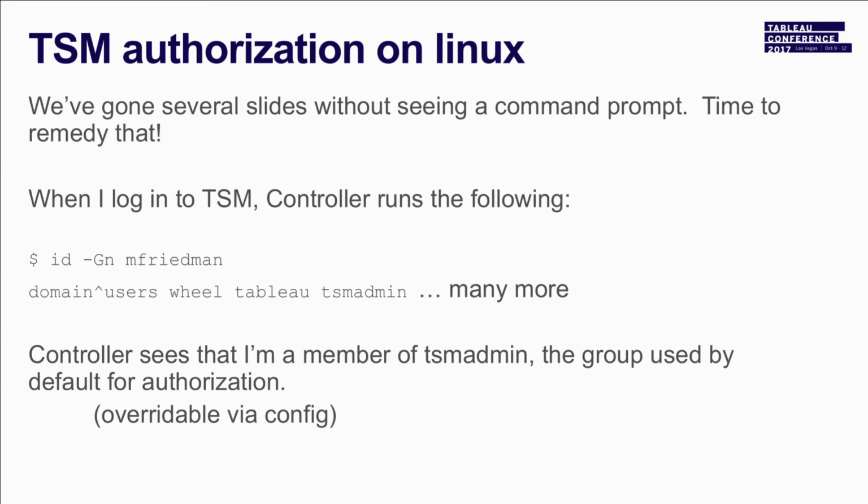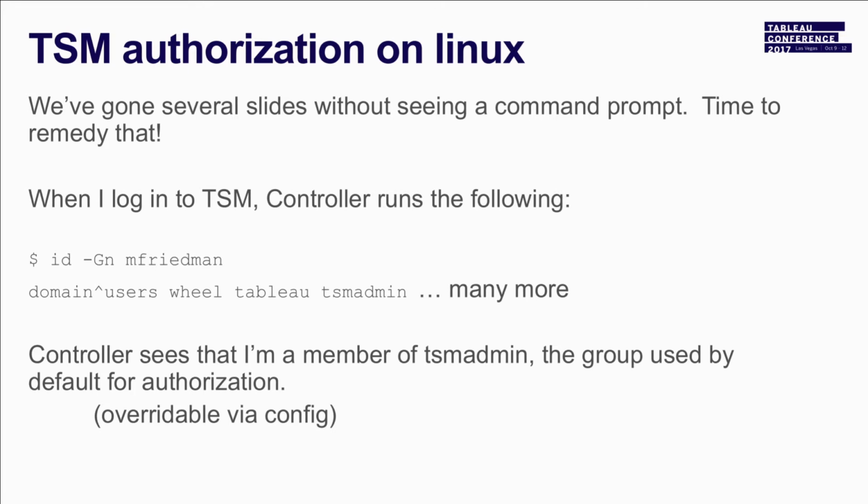And we haven't seen a command prompt in a while, so let's drop back down to the command prompt. When I log into TSM, the command that controller is going to use to check am I authorized is this guy, id -Gn M. Friedman, my username. And we get the output of these are the groups that I'm a member of. If you see wheel, that means I'm probably running on something that looks like Fedora.